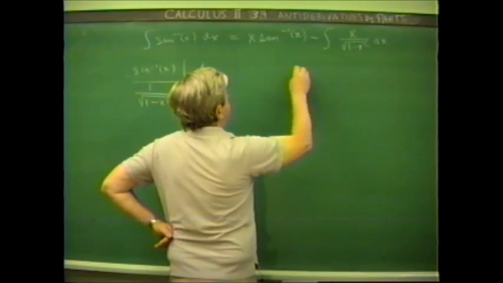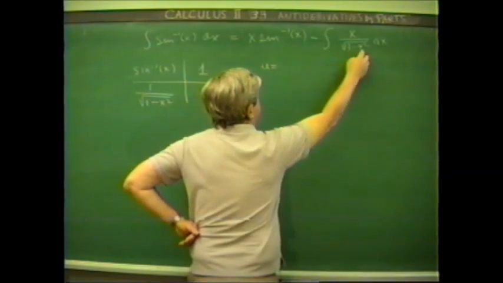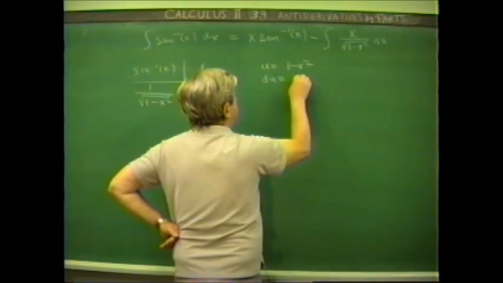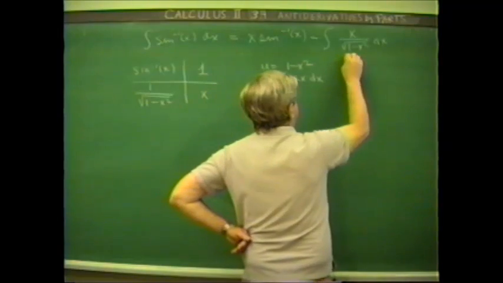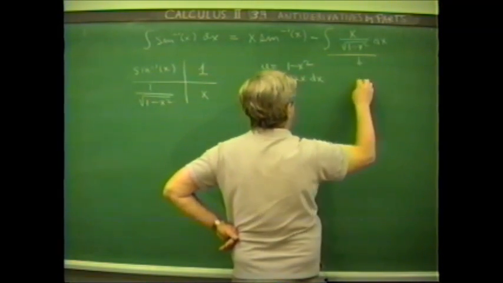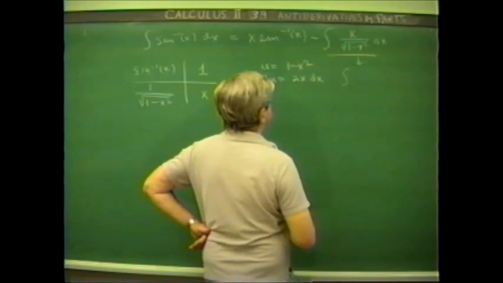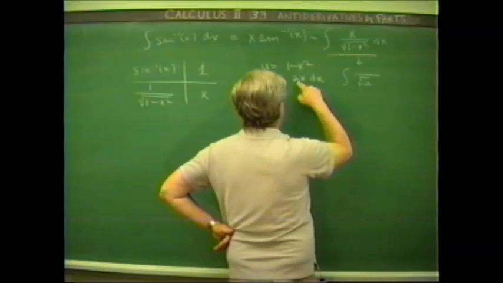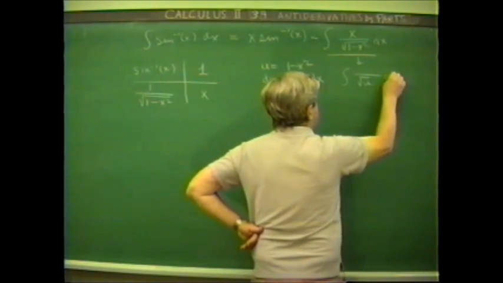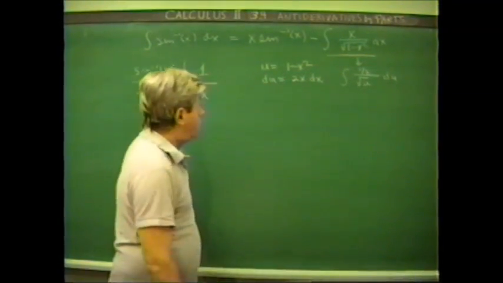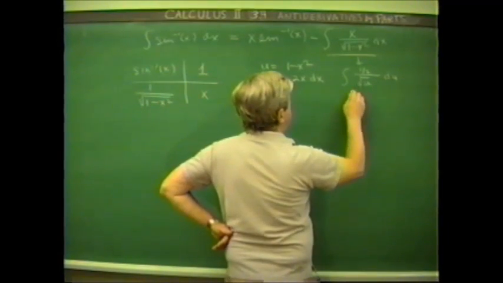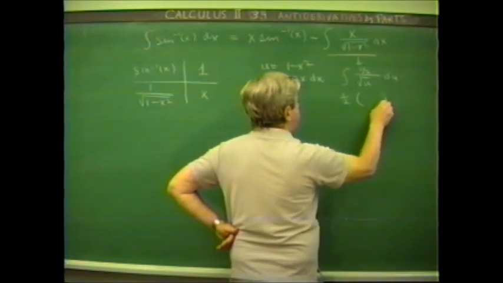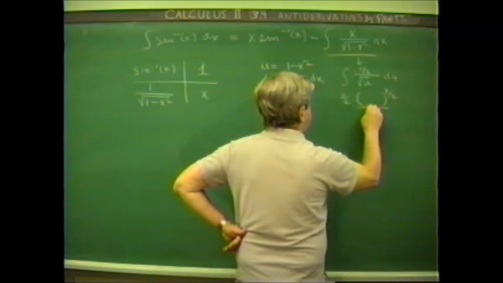Now here, if we let, for example, u equal 1 minus x squared, du is going to be 2x dx, and this substitution right here is going to give us for this integral the integral of square root of u. x dx is du over 2, so du and a half. So we're going to get 1 half. This is u to the minus 1 half here, so the antiderivative is going to be u to the 3 halves over 3 halves.